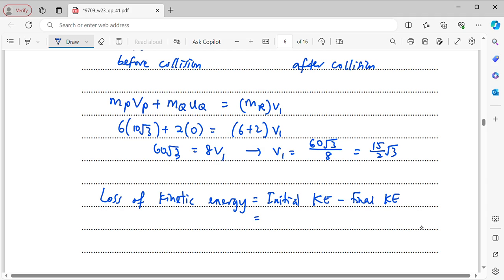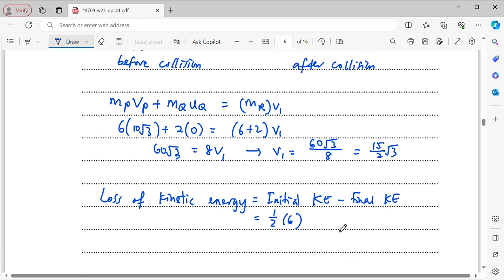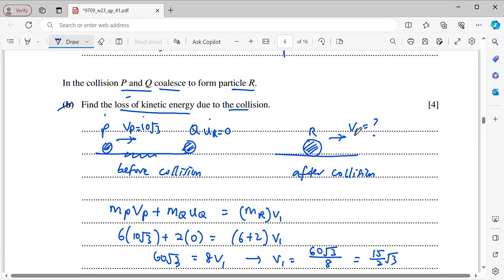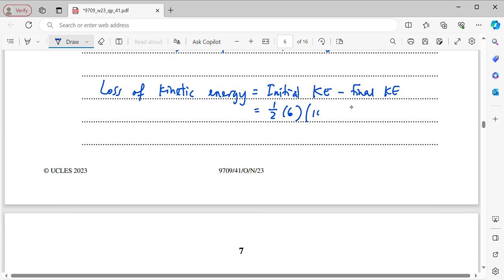For initial kinetic energy, it will be half times 6, because initially P is moving and Q is not moving, times VP, 10 square root 3, squared.